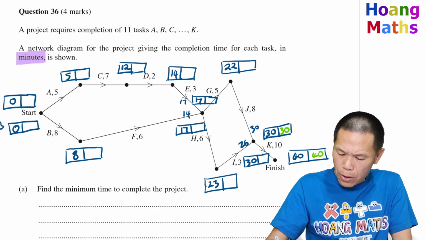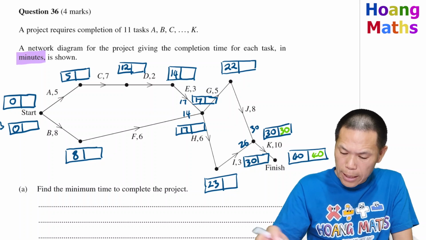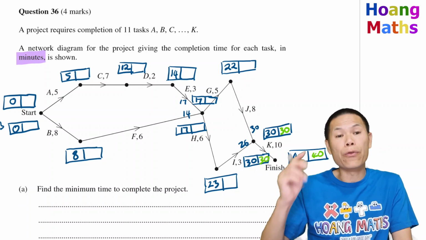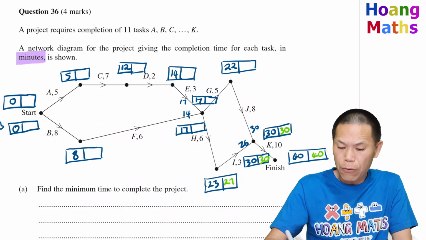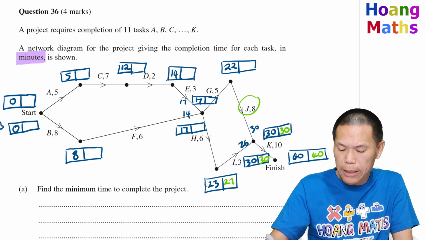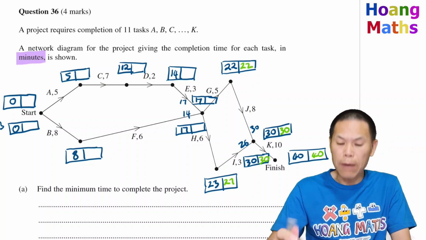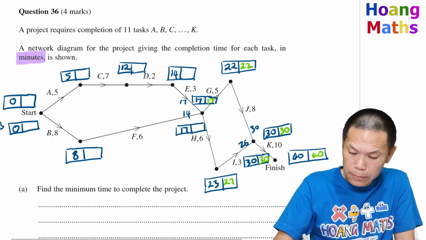So now we have 30 here as well. 40 minus 10 is 30. For I, we go 30 minus 3, which gives me 27. Then for J, we go 30 minus 8, which is 22. Then 22 minus 5 is 17.